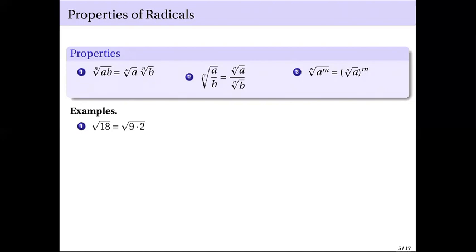But we will be using this 9 times 2 instead. Okay? So in here, we have 9 times 2. You get the square root of that. We apply properties here, okay? Particularly the number 1 here. You can write now this guy here as square root of 9 times square root of 2.